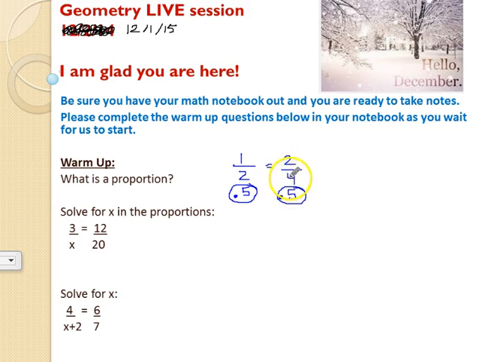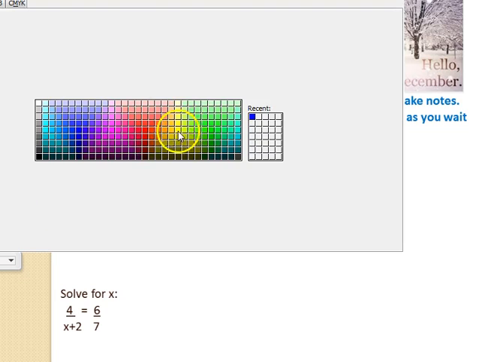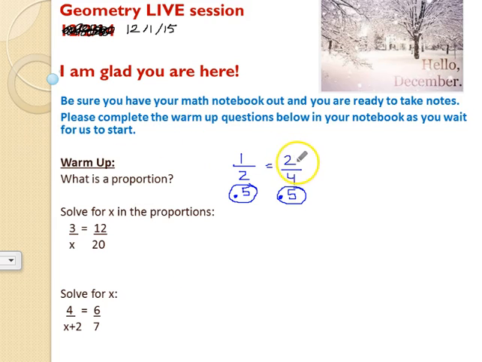They're proportional. And remember, another way that we learn to tell if 2 fractions are proportional is if we cross multiply. If we take the numerator times the denominator of the other fraction, 2 times 2 is 4. And if we do the same with the other denominator and numerator, 1 times 4 is also 4.